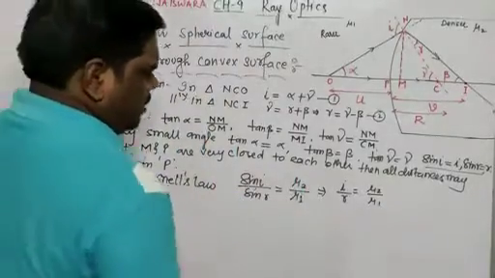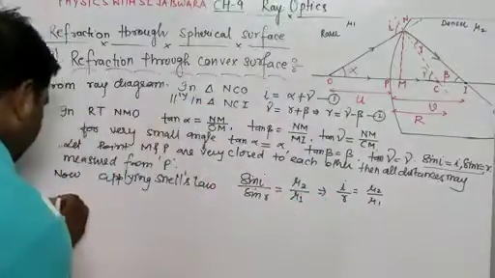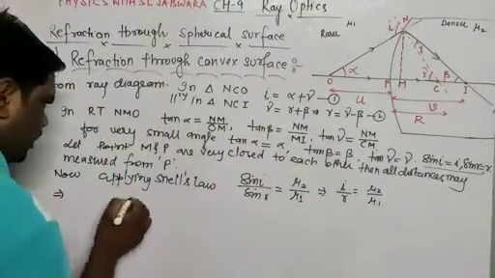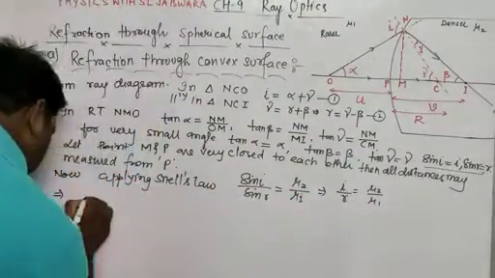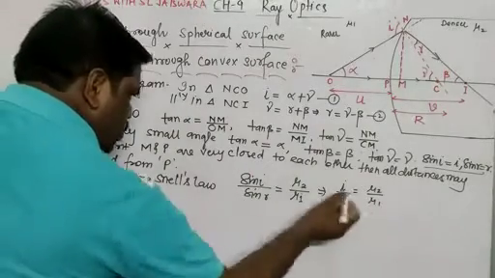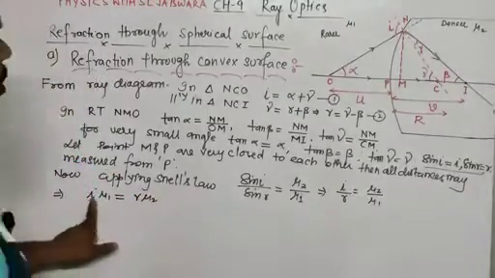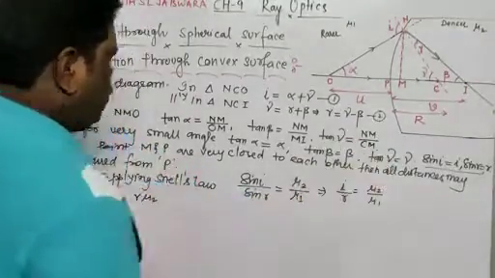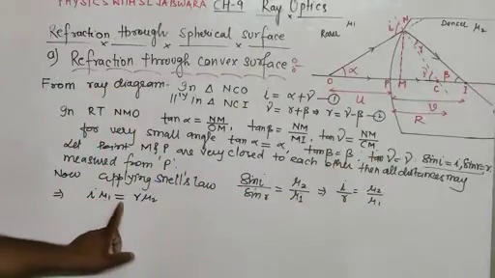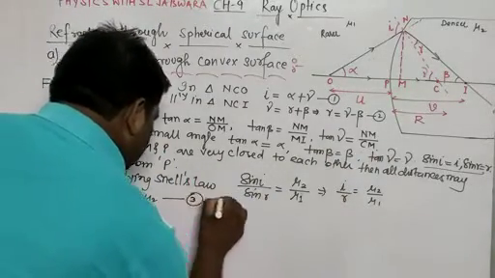By cross multiplication, we get I mu1 equals R mu2. From equations 1 and 2 we can replace this I and this R. Suppose this is equation number 3.